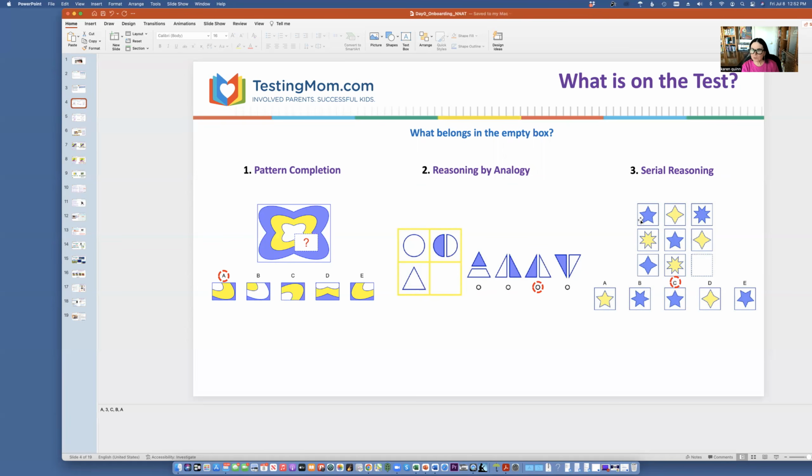And then with serial reasoning, what you have is a matrix and there's a pattern going on, or there could be rules that the figures need to follow. Usually the patterns go across the rows or up and down or both, or there might be a pattern that moves across 9 boxes. That's another way that could work.